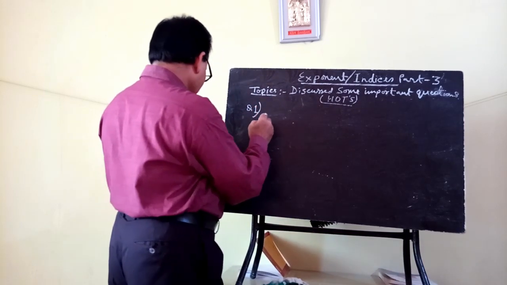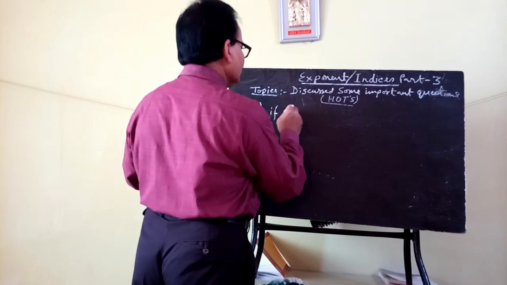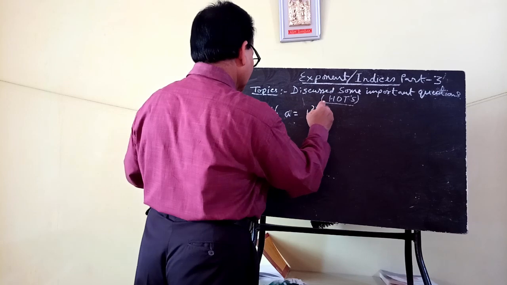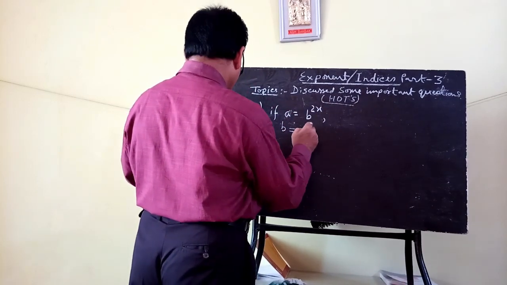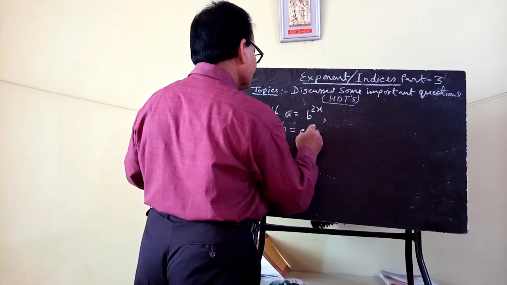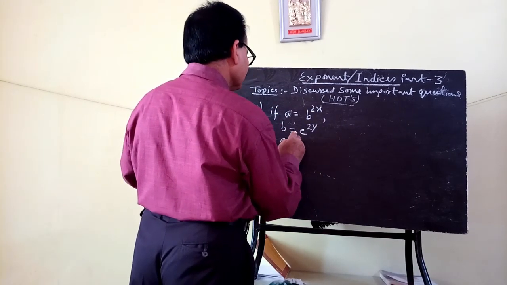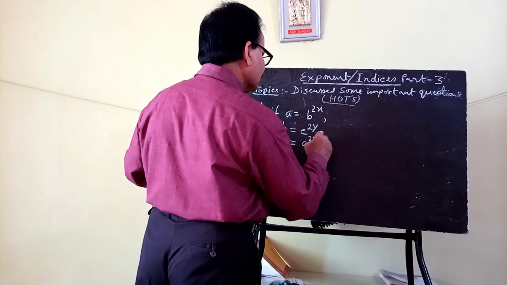Suppose a equals b to the power 2x, and b equals c to the power 2y, and c equals a to the power 2z.